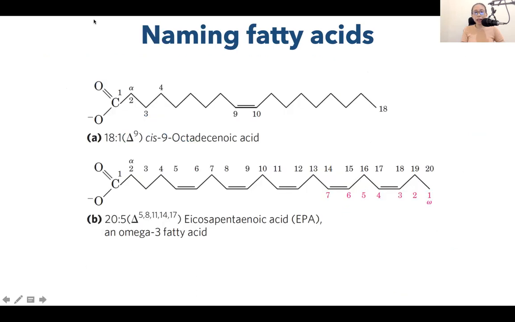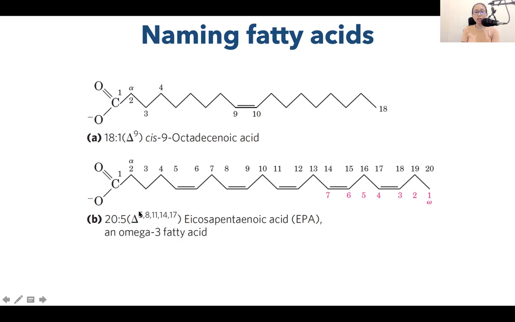Another example is this one. So by looking at this symbol, we know that the fatty acid has 20 carbons and it has 5 double bonds. So nasaan yung mga double bonds niya? So carbons 5, 8, 11, 14, and 17.